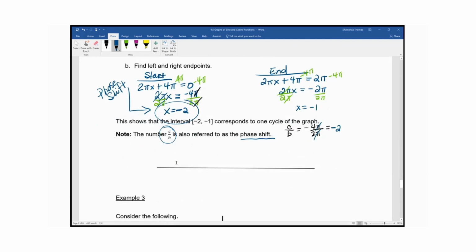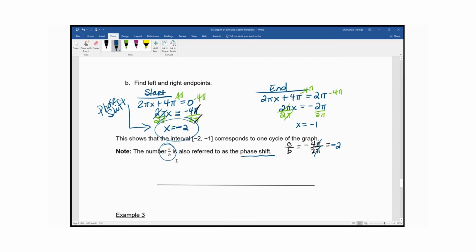Okay, let's see if we can divide up this graph. How did we say we can divide? What was the formula today that I showed you to divide into 4 equal parts? Period divided by 4.